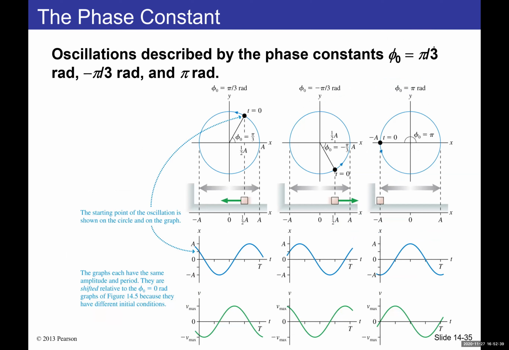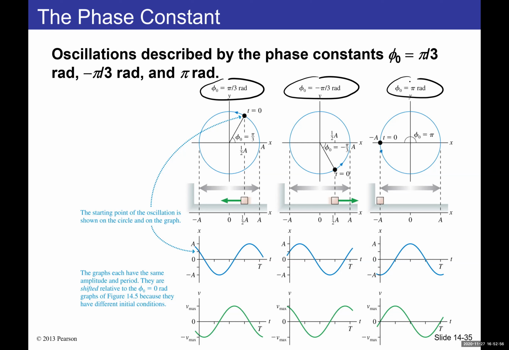Let's say an oscillation is described by the phase constant, where phi naught is equal to pi over 3 radians, or negative 3 pi over 3 radians, or pi radians. That means you have 3 different scenarios: pi over 3, 3 pi over 3, and pi radians.